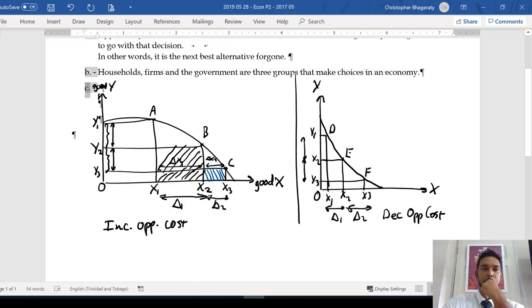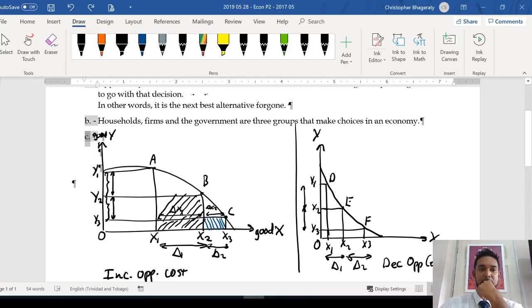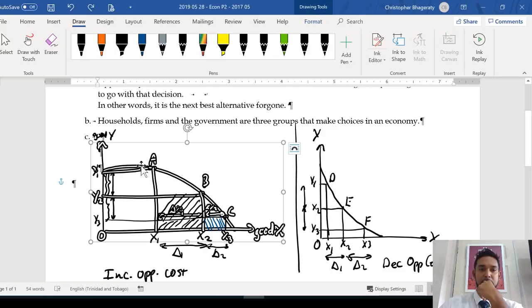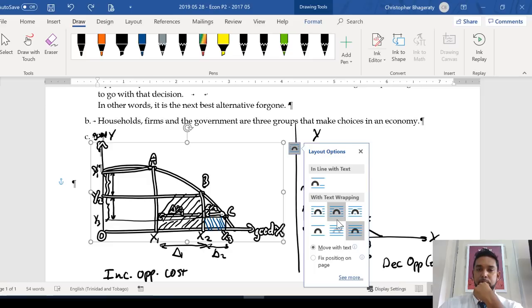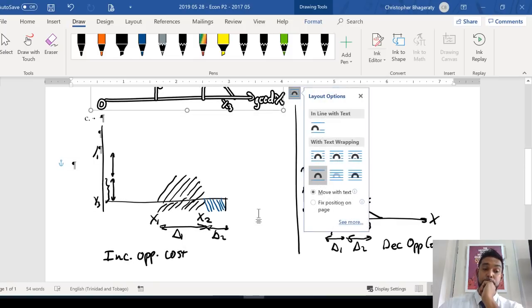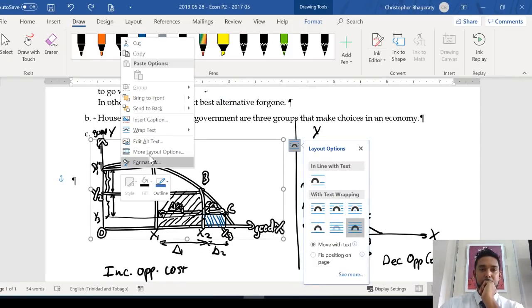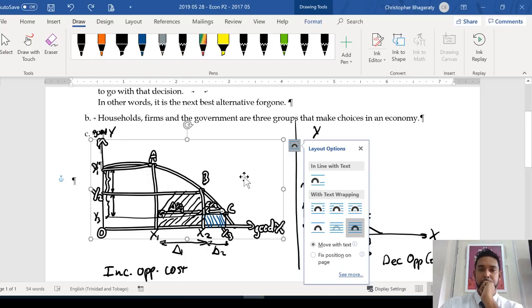Oh, I don't know what I did there, but it wasn't what I wanted. Draw that, select all this stuff. Right, okay, cool. So what I want to do, let's come here in line with text wrapping. Okay, so above and below. All right. That didn't work. I can't group everything there.